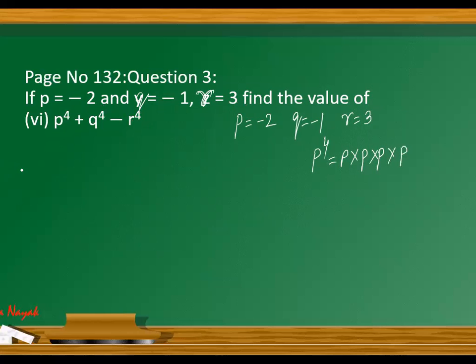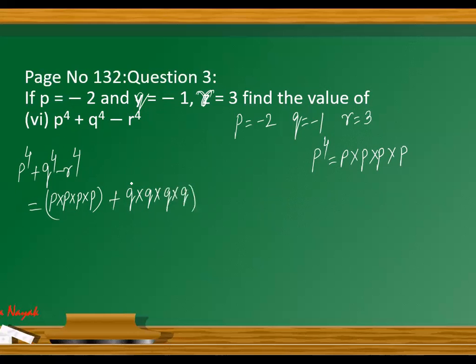So let us write now. P to the power 4 plus Q to the power 4 minus R to the power 4 is equal to how much? P multiplies P multiplies P multiplies P, plus Q multiplies Q multiplies Q multiplies Q, minus R multiplies R multiplies R multiplies R.